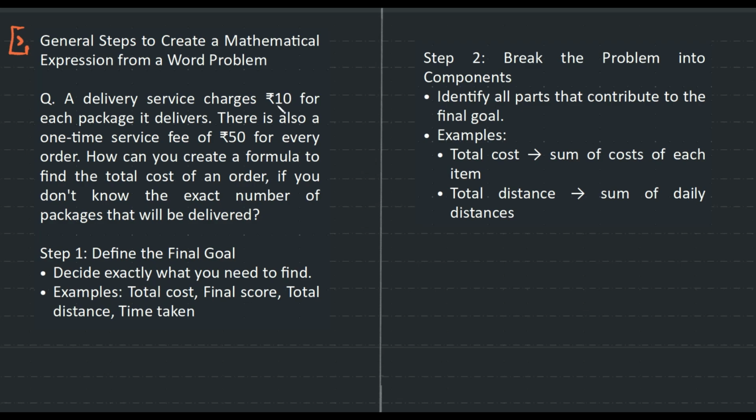A delivery service charges rupees 10 for each package it delivers. There is also a one-time service fee of rupees 50 to handle the administrative work for every order. How can you create a formula? Basically, a formula is nothing but your algebraic expression, to find the total cost of the order if you don't know the exact number of packages that will be delivered.